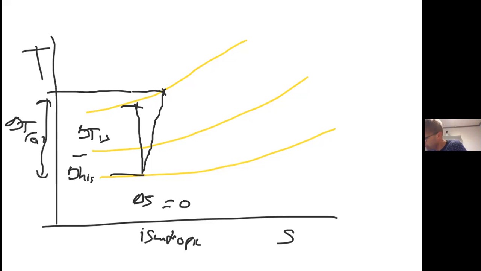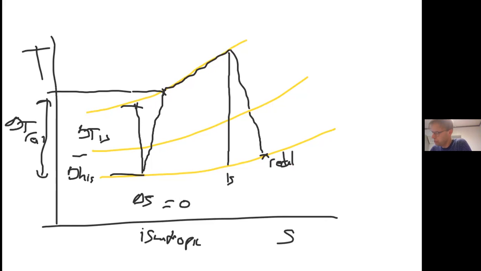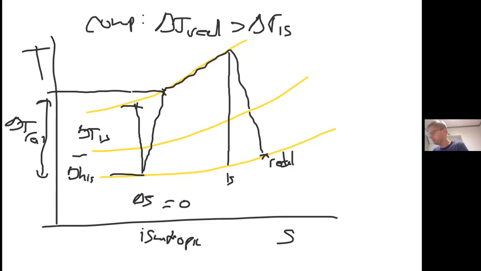If you go to the turbine, so if you have a combustor, and then we go to the turbine, we can have the isentropic turbine, and then we have the real point. For the compressor, it's important that delta T real is larger than delta T isentropic.